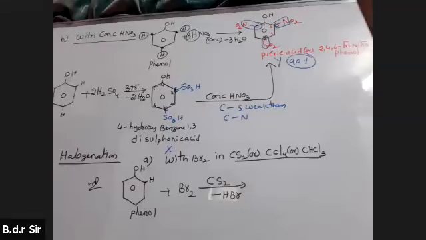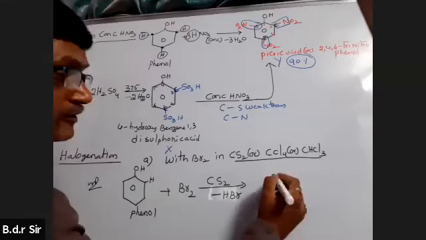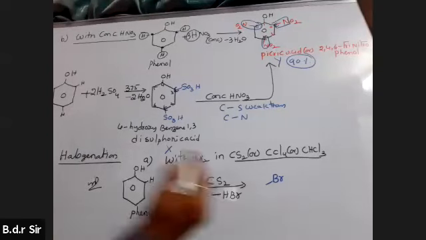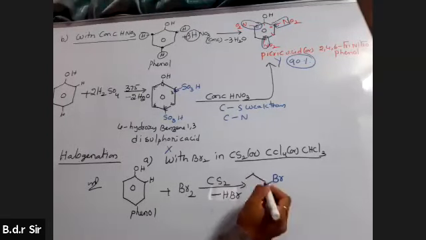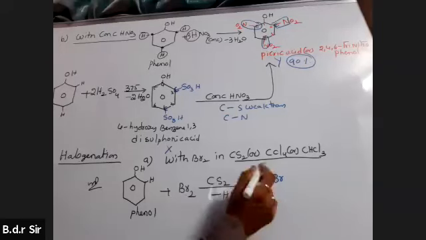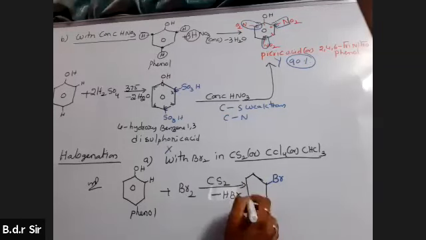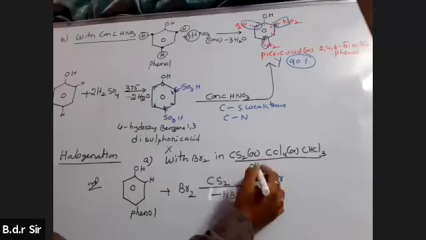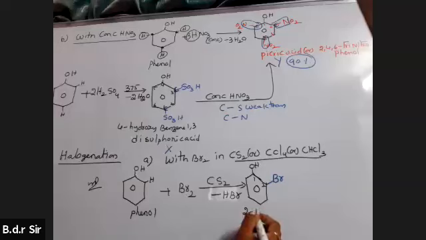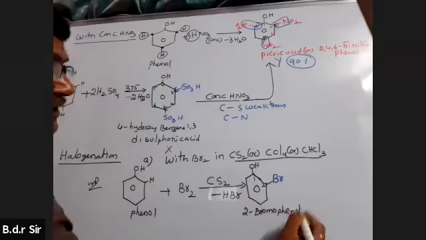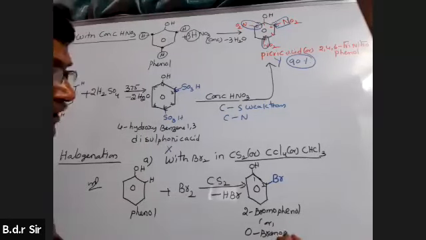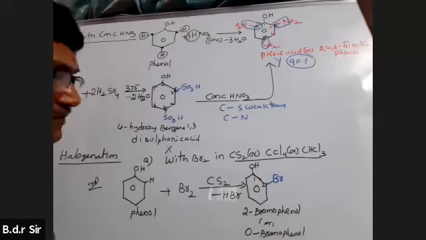What is the product? Bromine attacks at the ortho position. What is the name of this compound? 2-bromophenol, or common name orthobromophenol. It is minor.